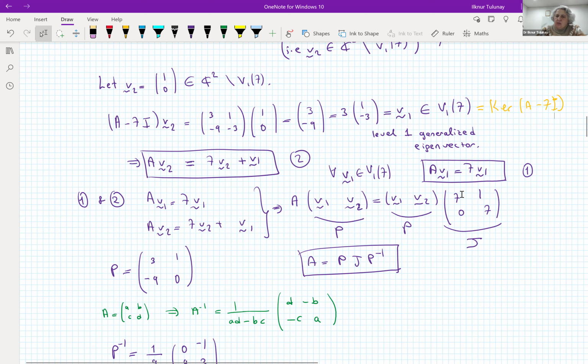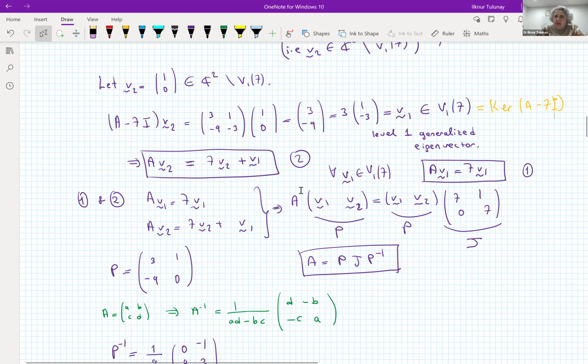So this times something will give me 7. So 7, 1, 0, 7, which is our Jordan form. This is just figuring out. So from this equation, I get this matrix equation. That's what I'm trying to say here. This equation gives me this matrix equation, right?